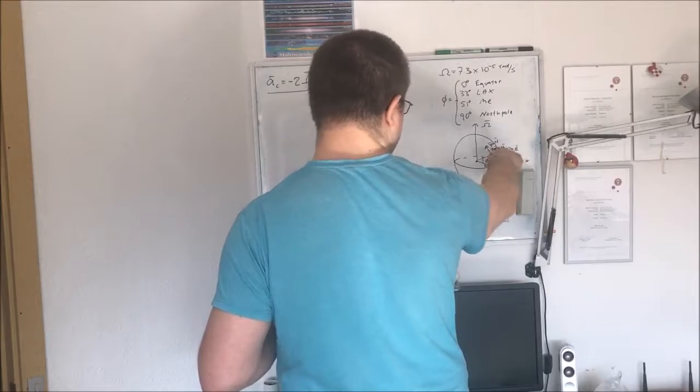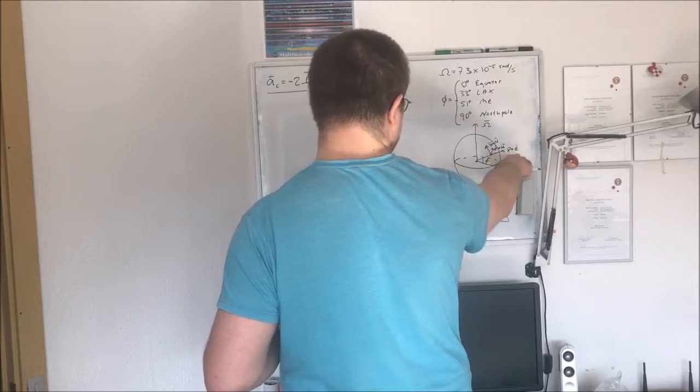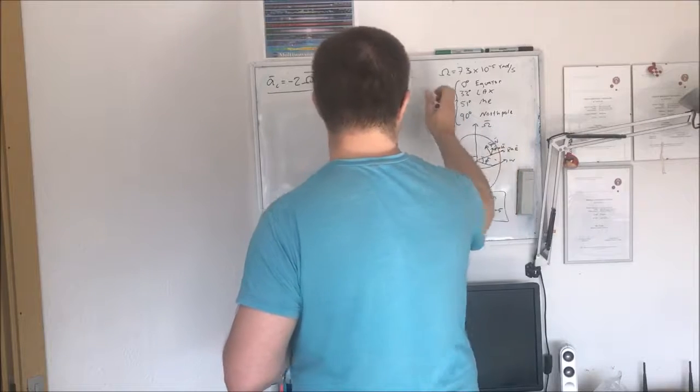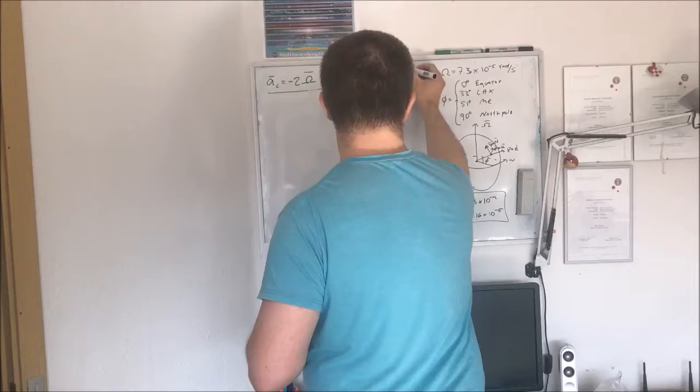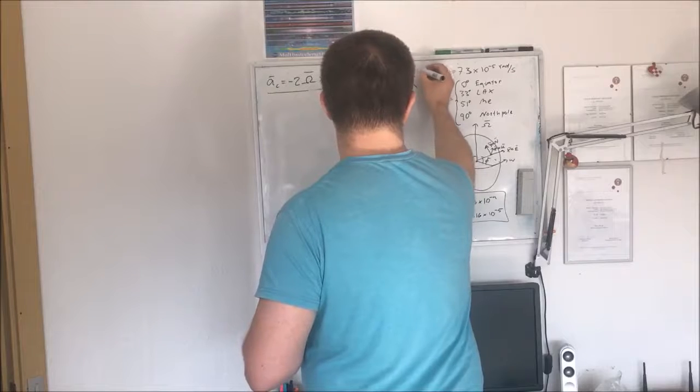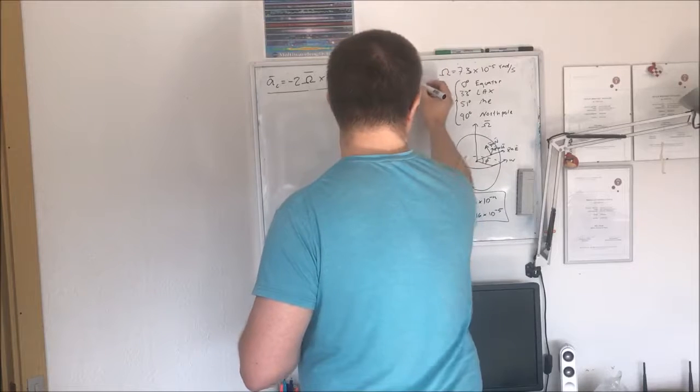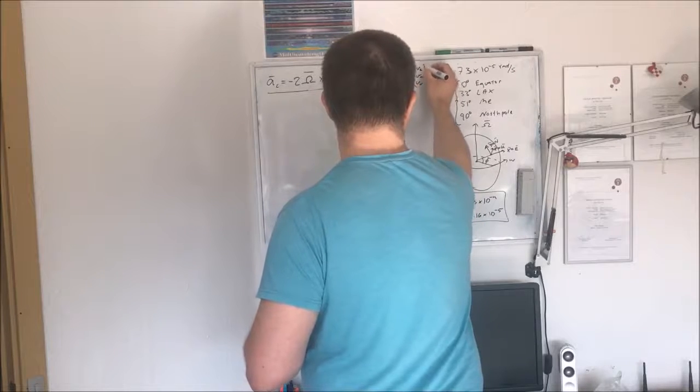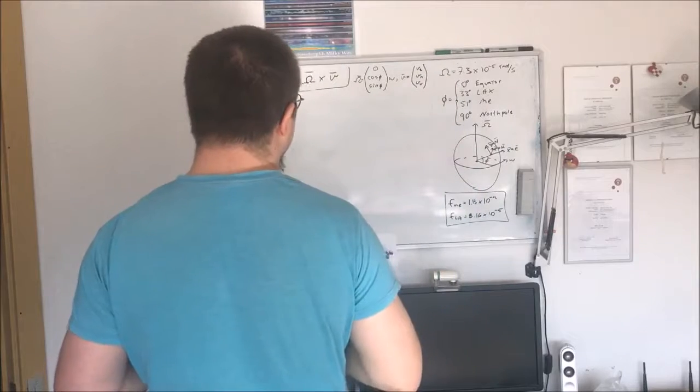Remember that we changed the numbers here so that x is east, y is north, and z is up. So we get that the v vector is v east, v north, and v up. All right.